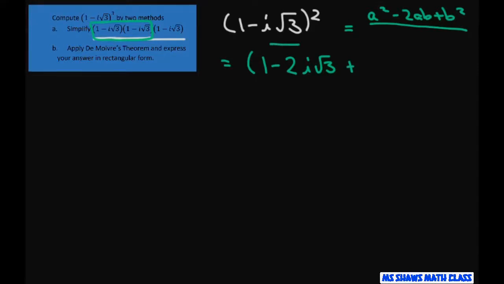So this is going to be 3i squared. And then we multiply this by this second one, which is 1 minus i square root of 3.